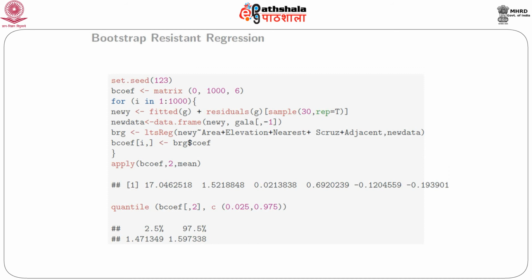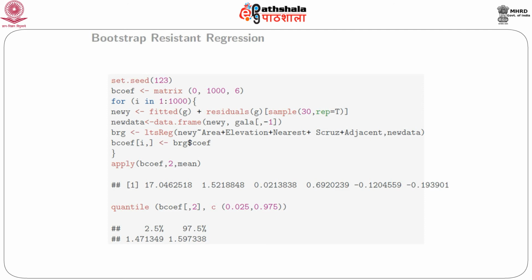That means we would be creating 1000 such data frames, and each data frame has all the 6 explanatory variables of the Gala data, and this time the species variable is replaced by the new y variable, and for each of these 1000 data sets we would be running the LTS regression. Once we run the LTS regression, we extract the coefficients and store them in the ith row of Bquef.